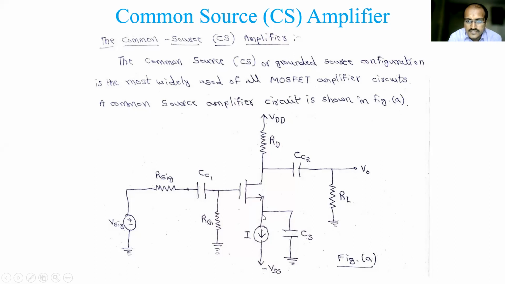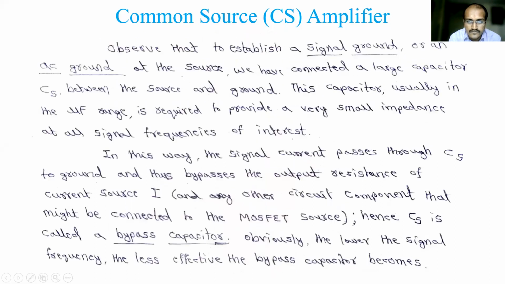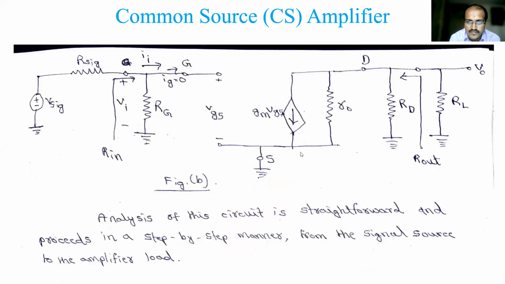This is the circuit we analyzed first. It used the hybrid pi model because nothing is there on the source side. With the hybrid pi model we used VGS, GM VGS, R naught, and remaining all we have analyzed here, R in, R out.